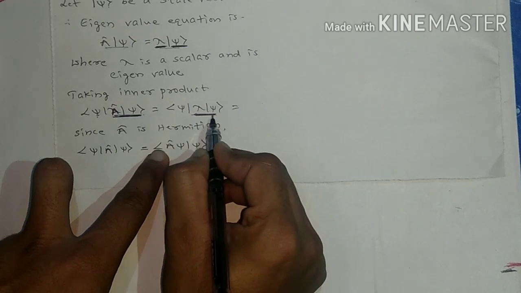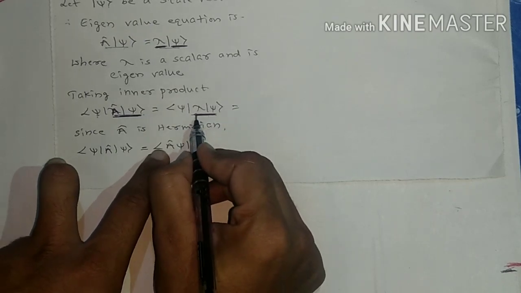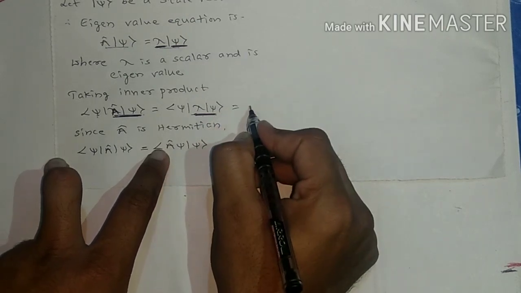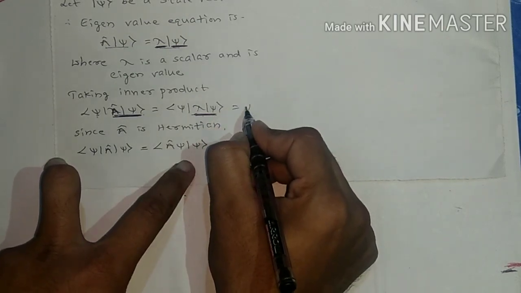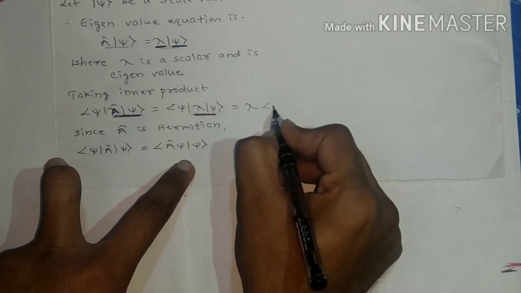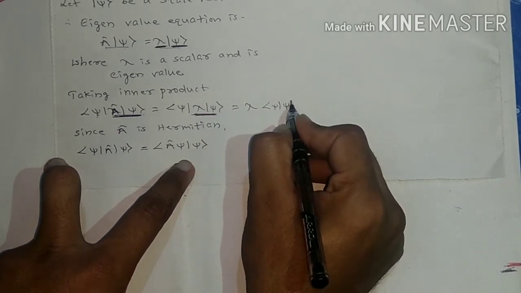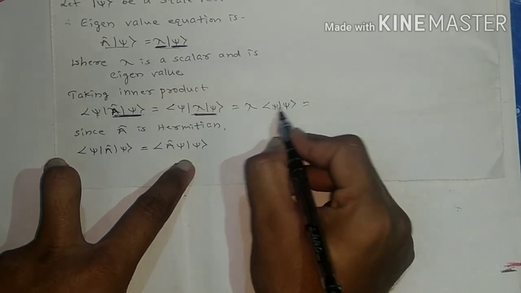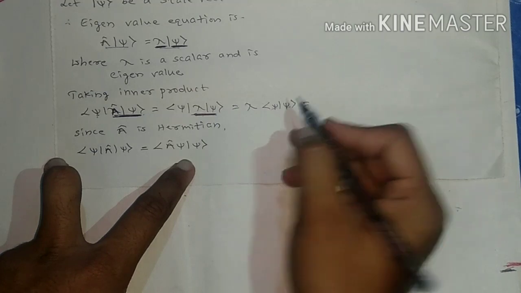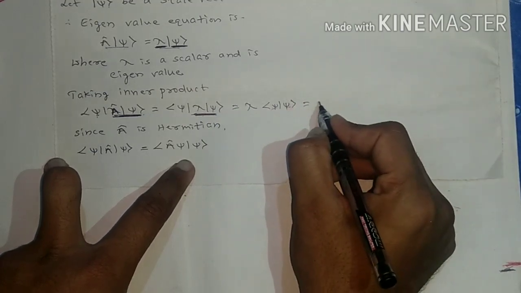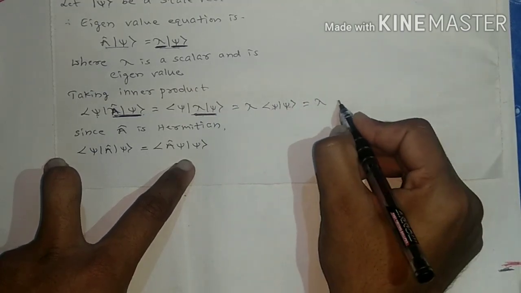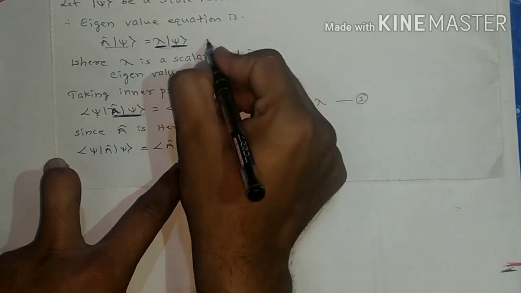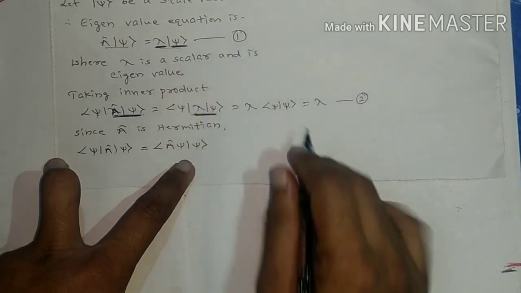We have already seen that if the scalar is with the ket, it can be easily taken out of the inner product. So we can write lambda times the inner product of psi with psi, and this is the norm, which is equal to 1. So we get lambda. Let us call this equation number 1, and this one equation number 2.